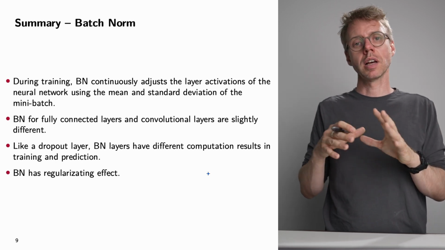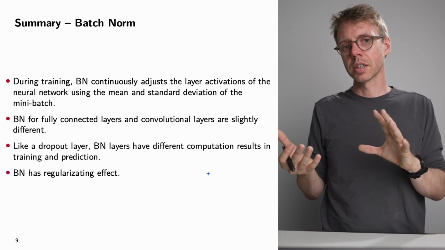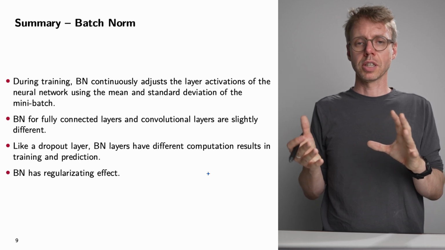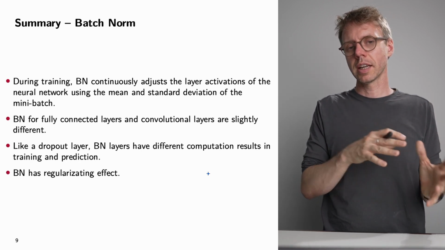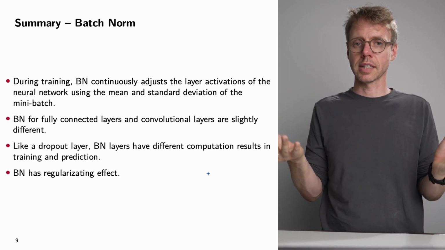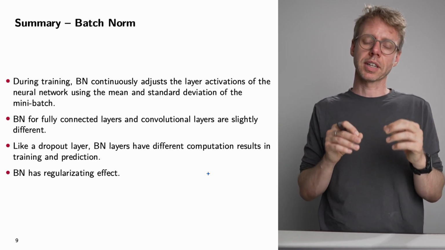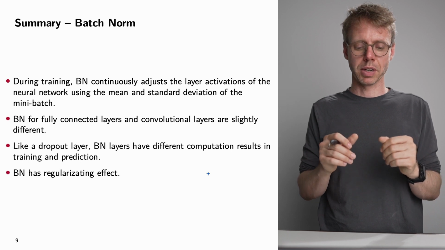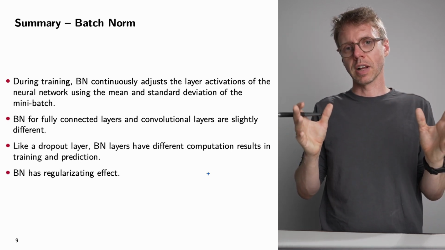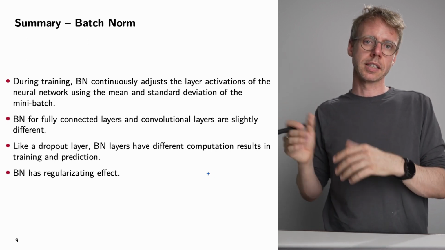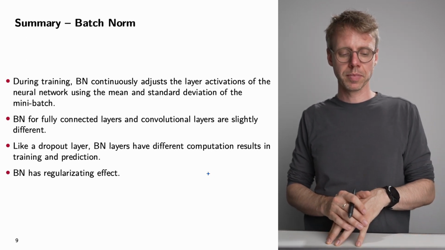And similar to what we have seen for dropout, we have a difference between applying batch norm during training and during testing, because at testing we don't typically have access to a whole batch, but rather we would use a fixed value of mu and sigma to apply batch norm.